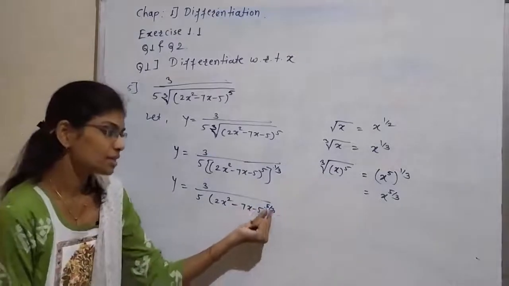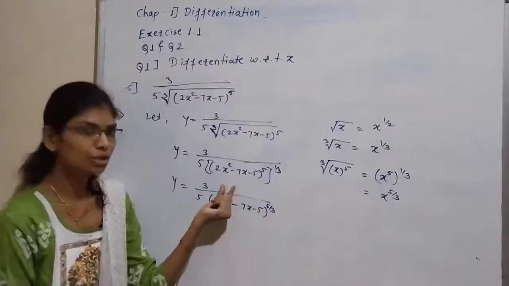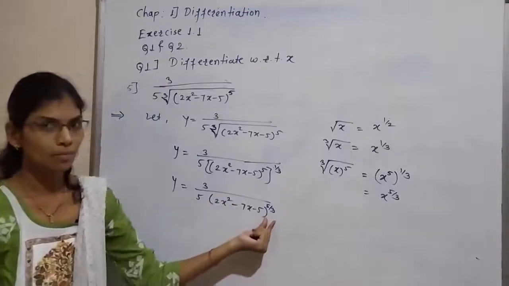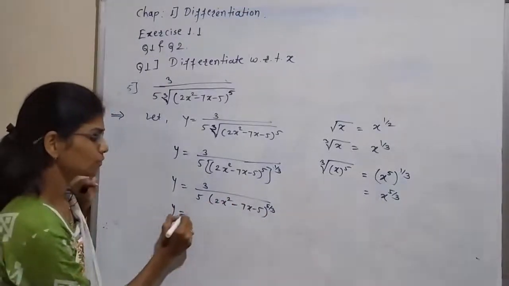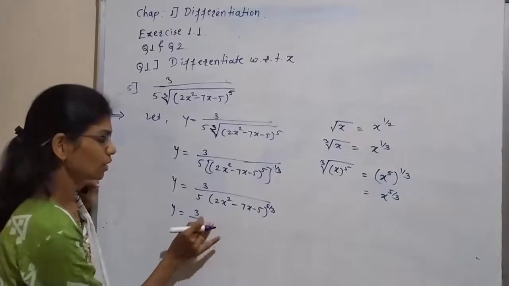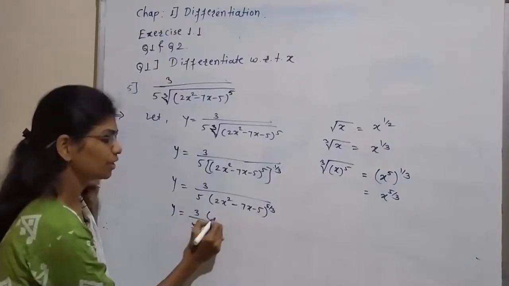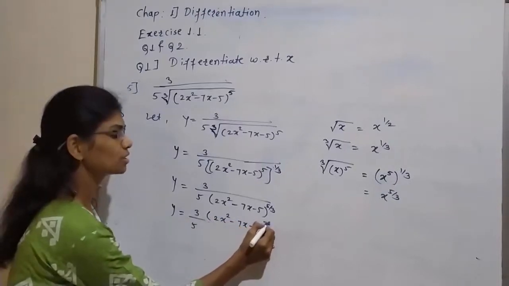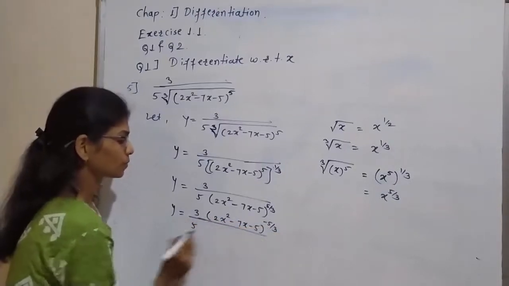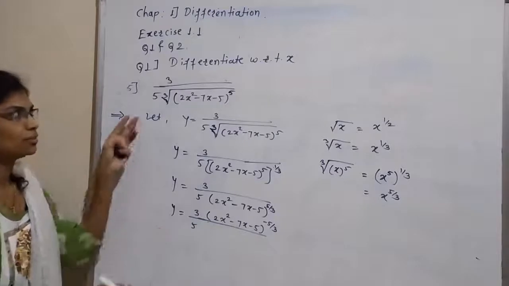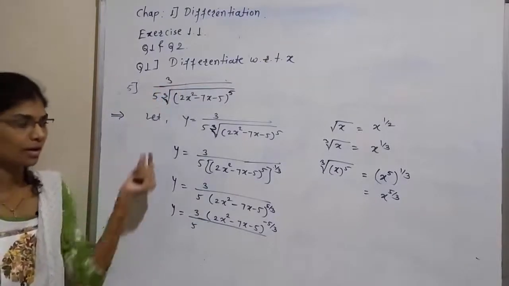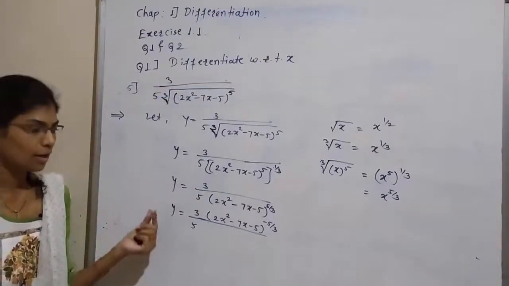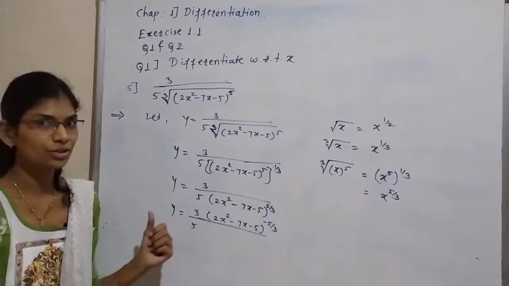Now that index is positive; when it comes to the numerator, it becomes negative. Therefore, y is equal to 3 by 5 times, in the numerator, (2x² minus 7x minus 5) raised to minus 5 by 3. This is the simplified form of the given example, and now we can differentiate it.